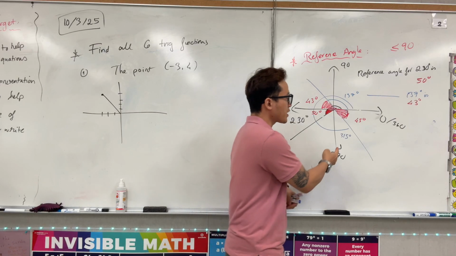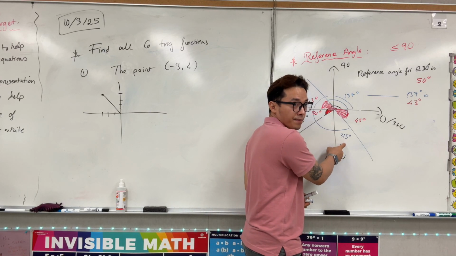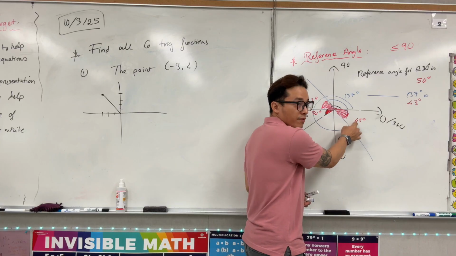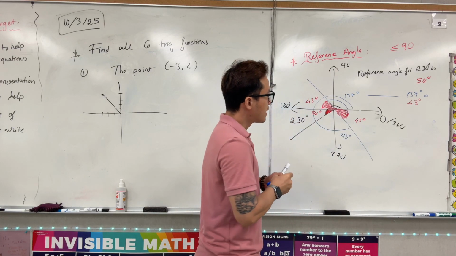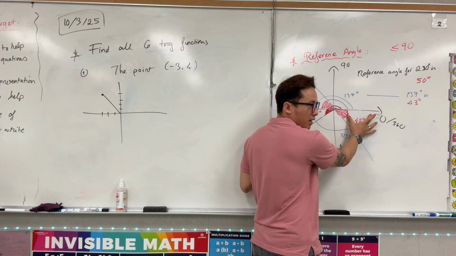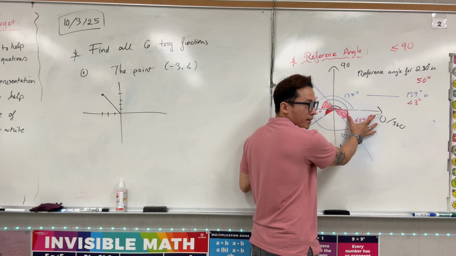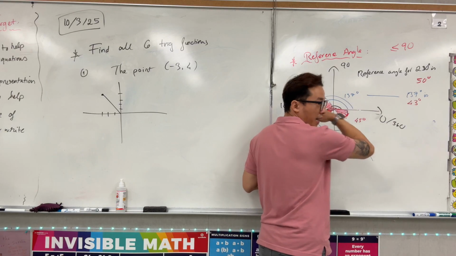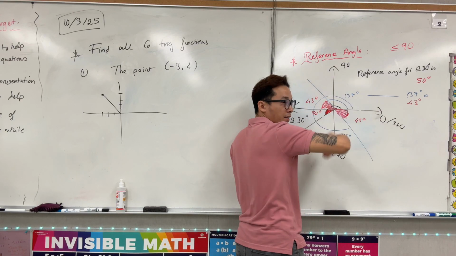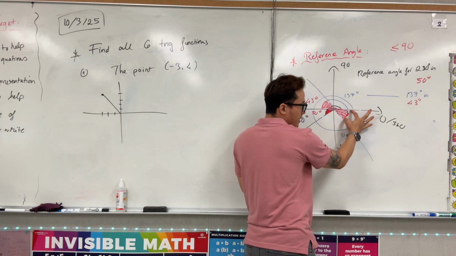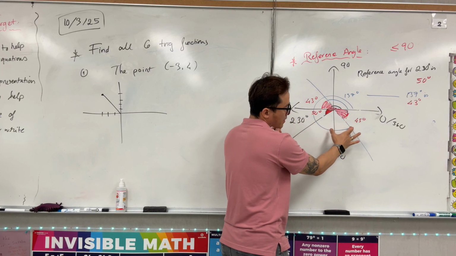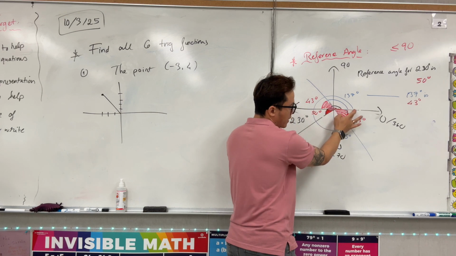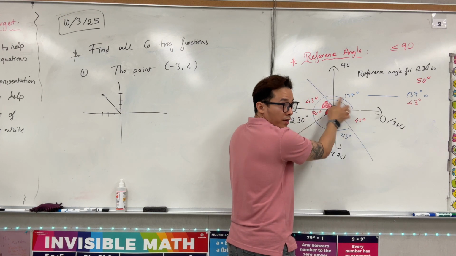If I ask you what is the cosine of 315, you just need to find the cosine of 45, but you need to decide the sign. Is the cosine here positive or negative? If the angle is here, it's positive, but remember, you also need to look at the original angle.